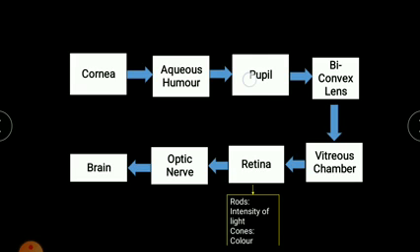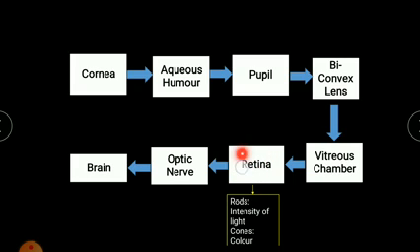Light passes through the pupil, a small opening controlled by the iris, and from that small black hole, light travels through the lens, which is a biconvex lens, then through the vitreous chamber, and reaches the third layer of the human eye, the retina.